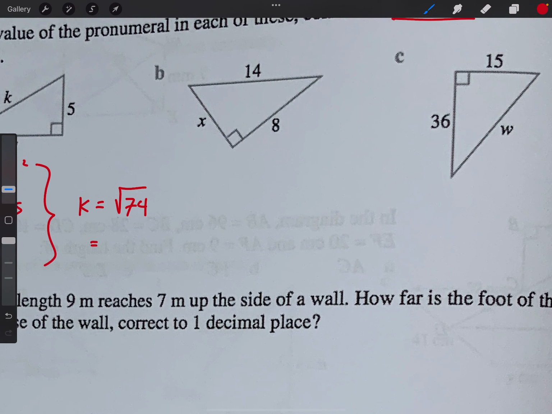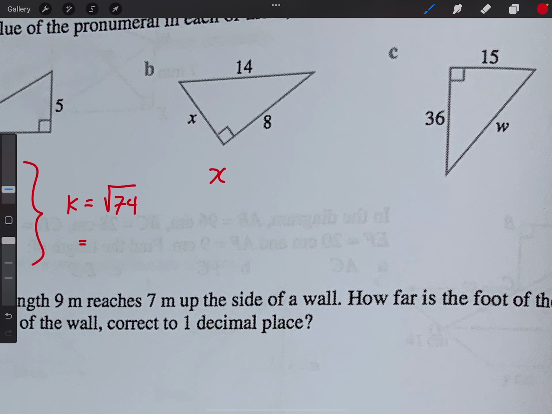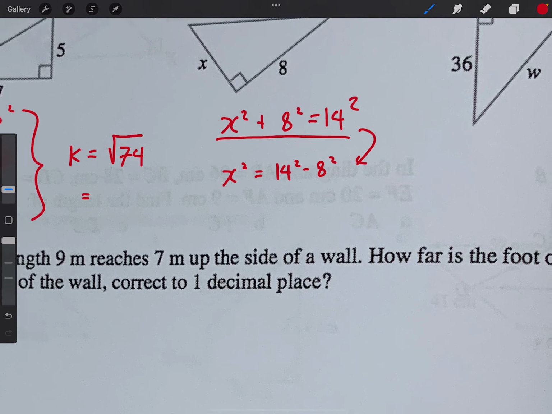Question B. I'm just going to quickly show you this: x squared plus 8 squared is equal to 14 squared. Normally I would write out straight away that x squared is equal to 14 squared take away 8 squared. But if you don't know that, you can do this first and then work to get to this. I kind of skipped that step.